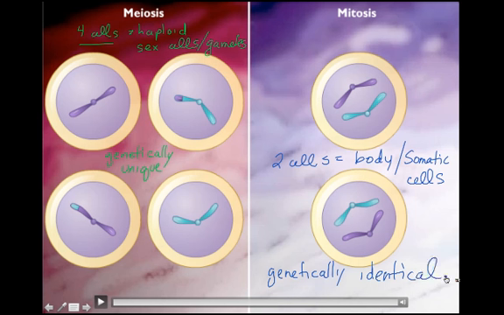Another thing to keep in mind is that mitosis only happens when we need to repair things, when we need to grow, or when we need to do asexual reproduction to make clones. Meiosis only happens when we need to do sexual reproduction.